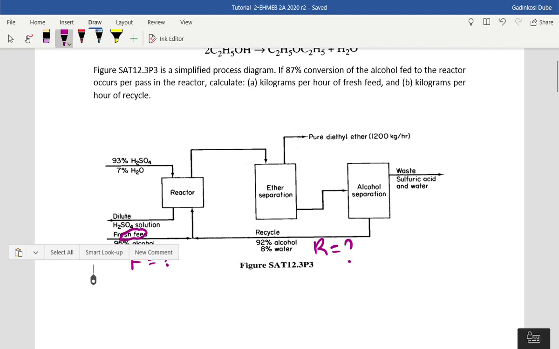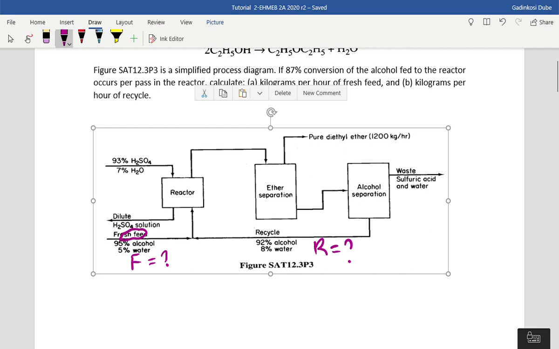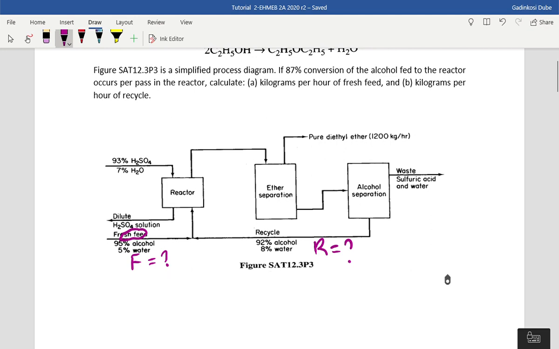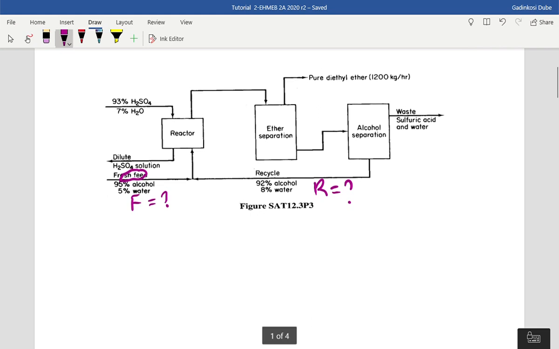You can see that here they say pure ether is 1,200 kilograms per hour. So now that's very key because that's what you need to use as your basis because that's the only amount that you are given. The others that you're given are composition and it's on a mass percentage because these are liquids. Okay, so you're working with liquids here.